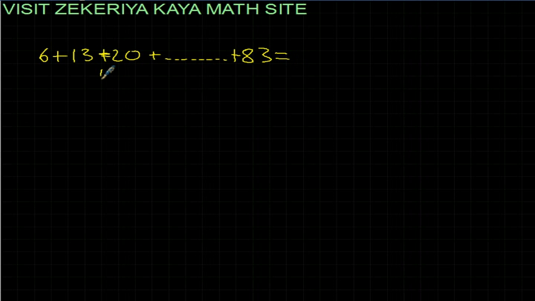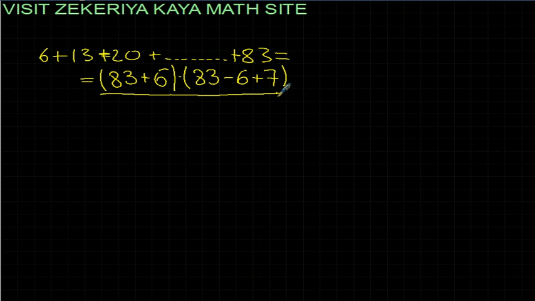Yes, to solve. Now first you put the equal sign before you start. So, last plus first. Close the parentheses. Last minus first, plus the increasing number, or the number which we increase by.